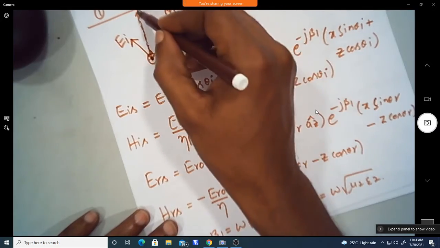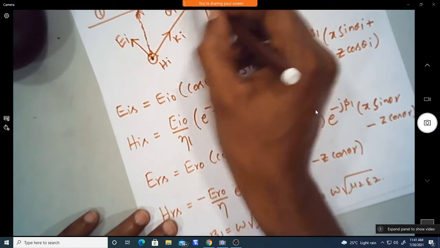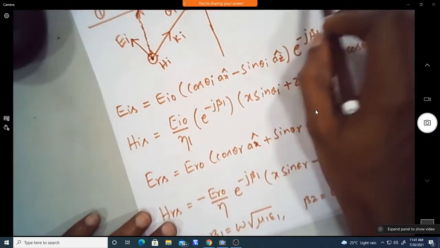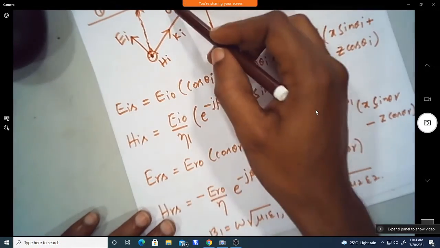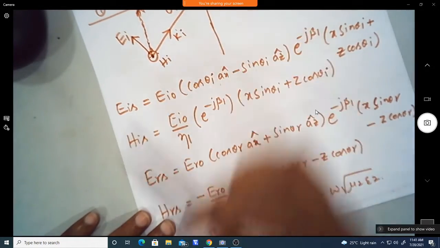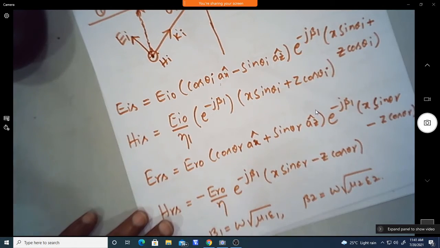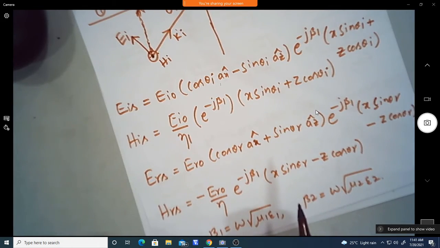Okay, so that is in the x direction and that is in the minus z direction. So that is x and z directions. We have to take the components of the propagation vector, whether it is in the incident plane, the reflected plane, or the transmitted plane. Okay, so now we have taken that.